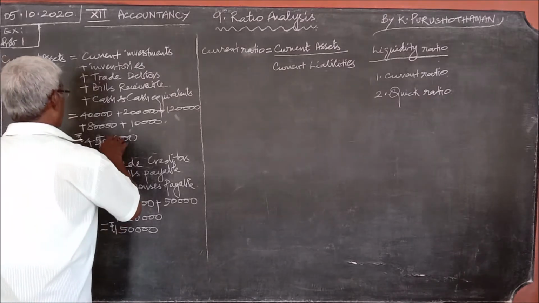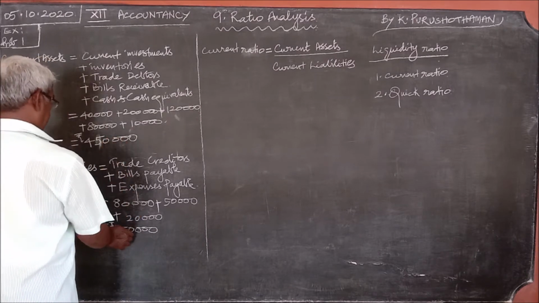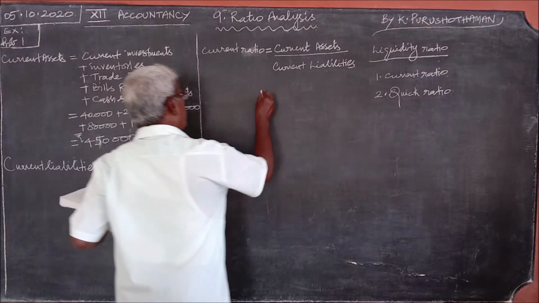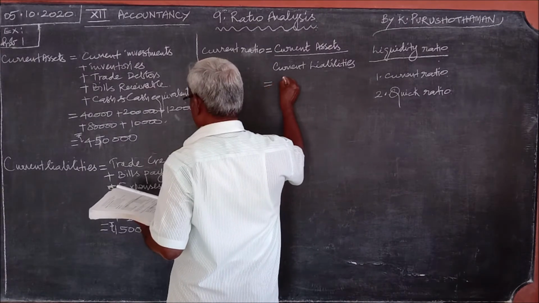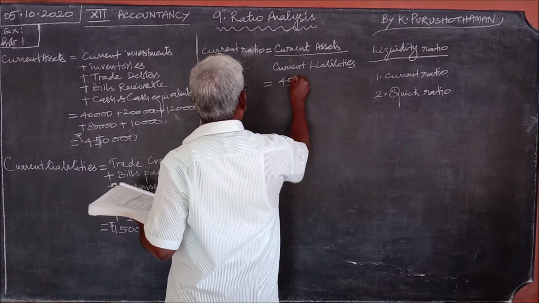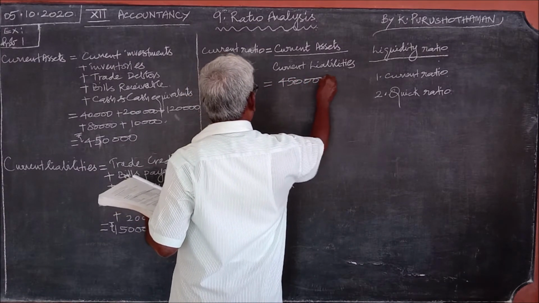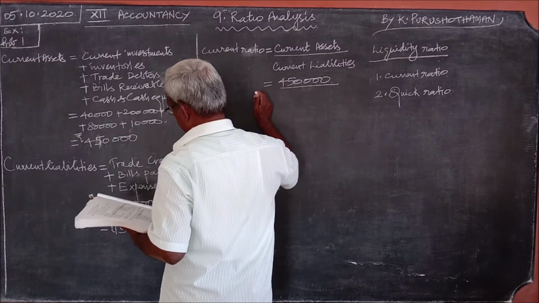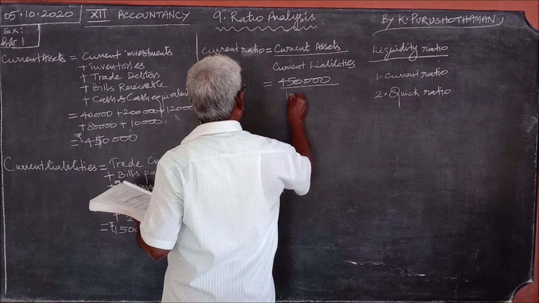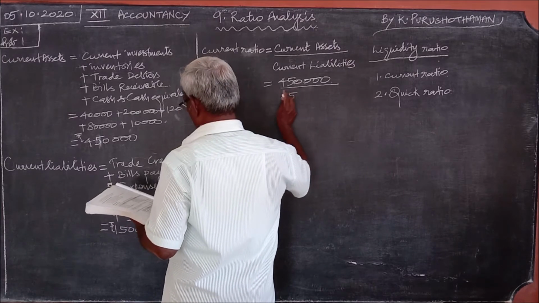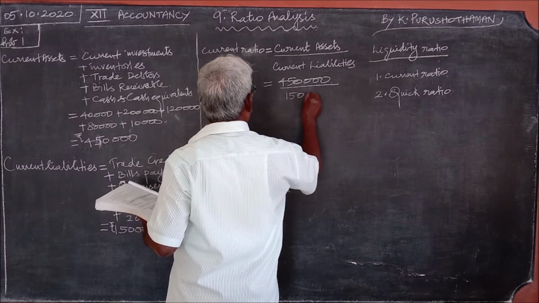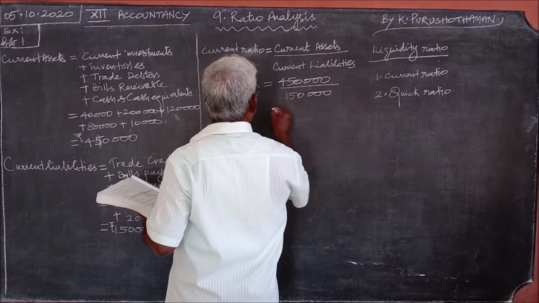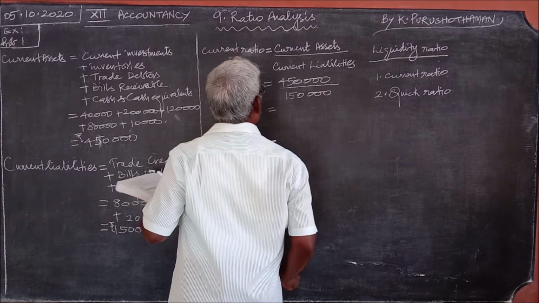Now we have found out the numerator answer and the denominator answer. You substitute and write. Numerator it is 4,50,000 and in the denominator it is 1,50,000, and find the answer now.